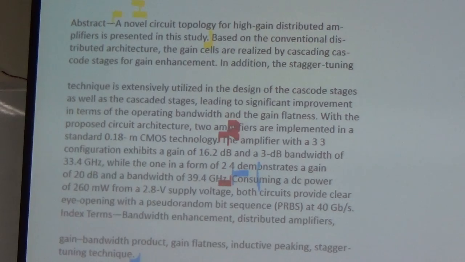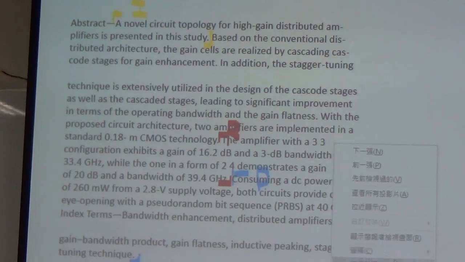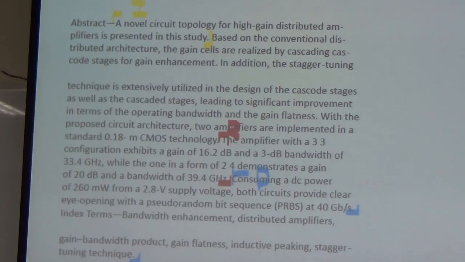The abstract ends at 40 GB/s. So you put the index on it. The keywords we don't need. Now, these 3 parts, excellent.